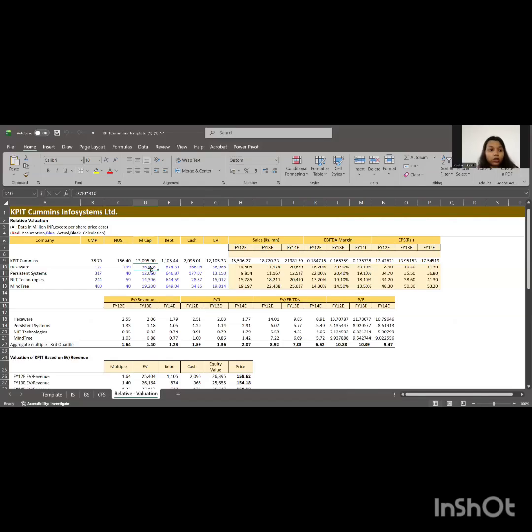Here, as you can see, it is equal to C10 multiplied by the shares cell. So we get 36,470 million. Why million? Because all data here is in millions.